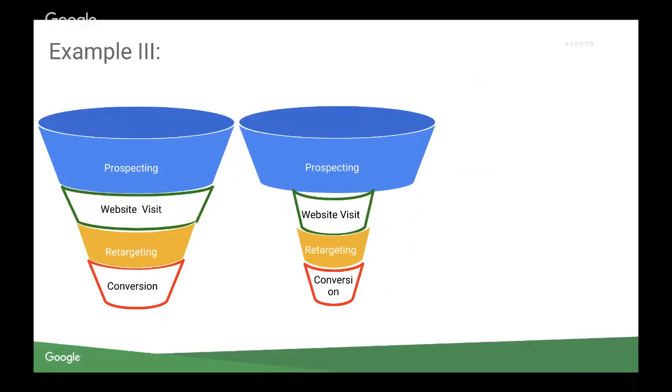Example 3 is that there are a lot of advertisers who do understand the importance of prospecting and they do retargeting, but they don't do it very well. It turns out that they spend quite a lot of money on prospecting, but it's not targeted enough, so they don't get a very high quality retargeting pool.